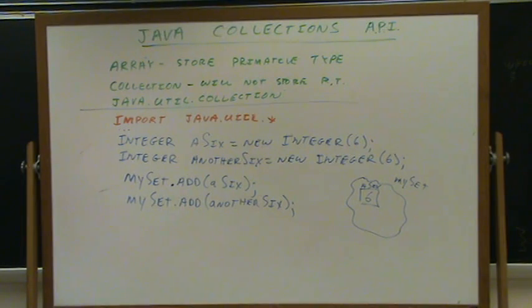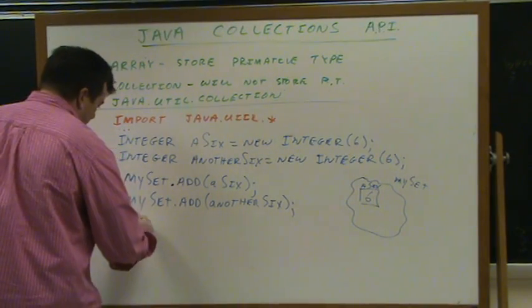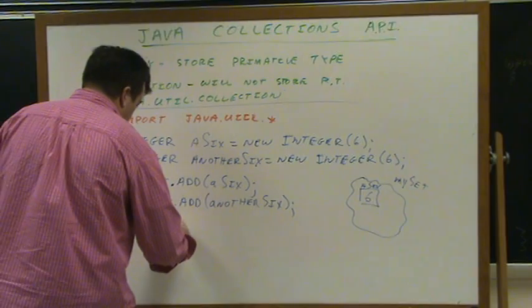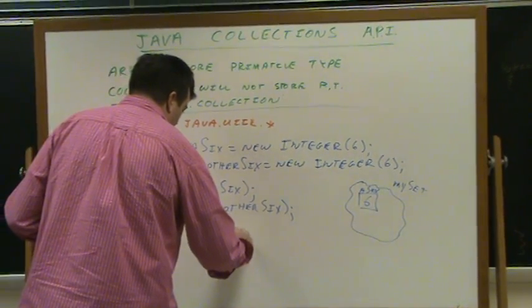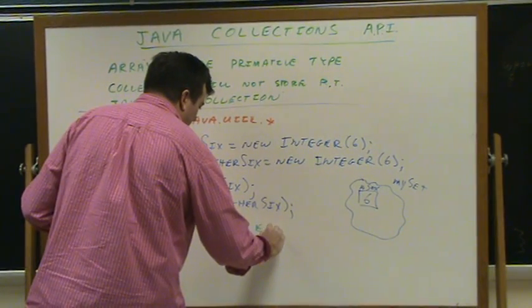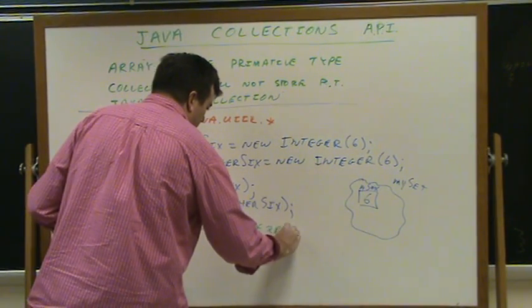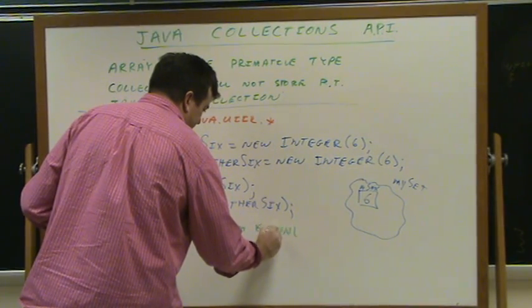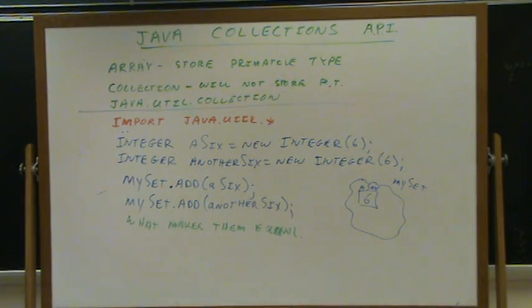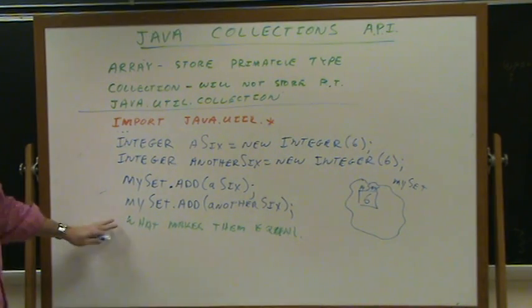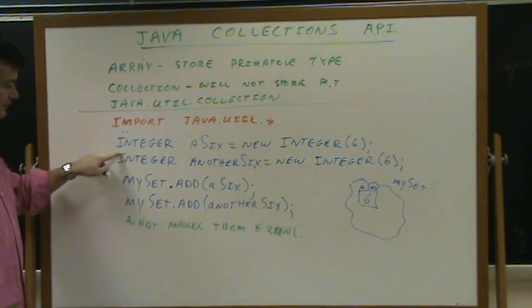So it really depends on what is the definition of them being equal. What would make them equal? So what makes them equal? Now the set has a type, the set is of type Integer.